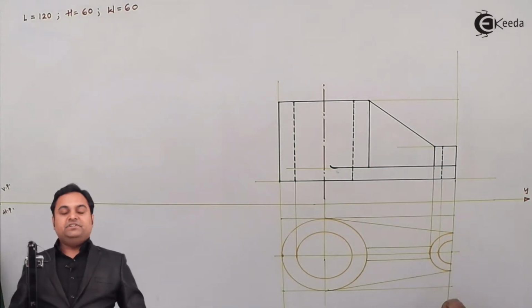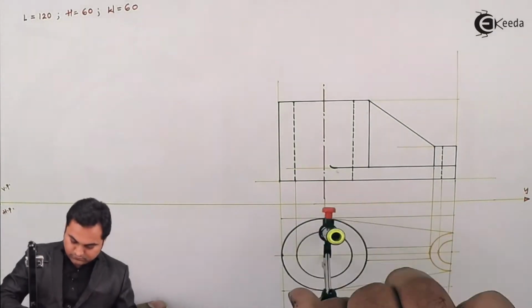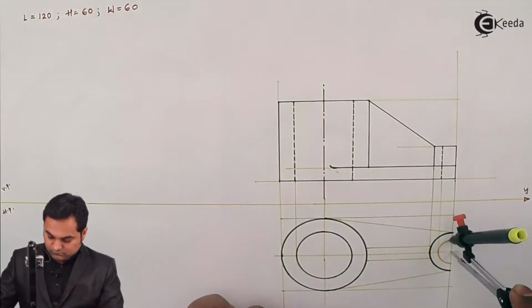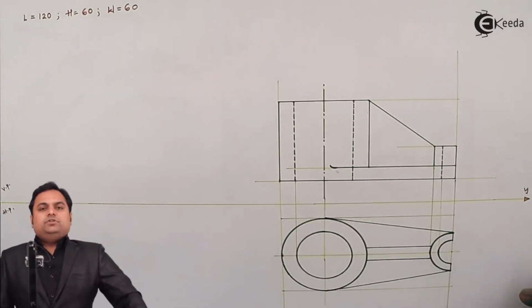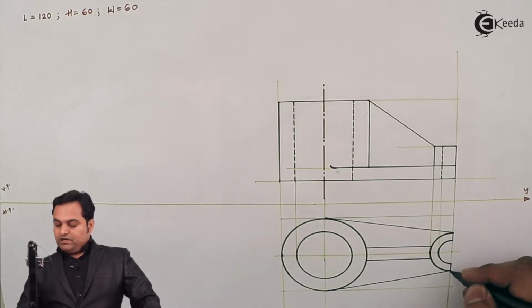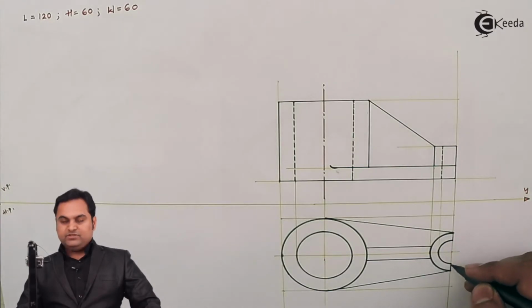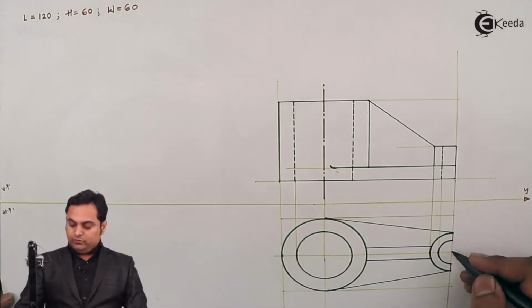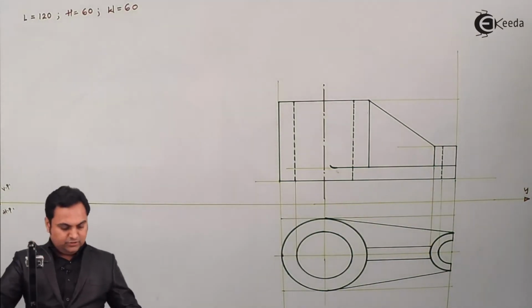Once I have completed it light, now I'll make it dark. So here is the top view. For the semicircular part, only this part is connected. Here we have a complete semicircular hole, so it won't be made dark. Next, after completing this, I'll draw the center line.